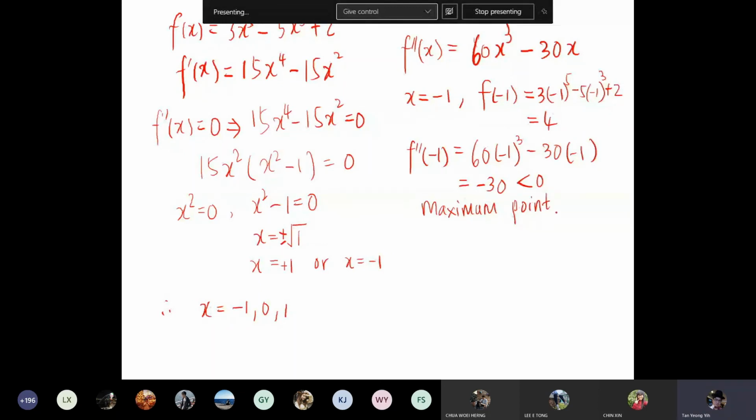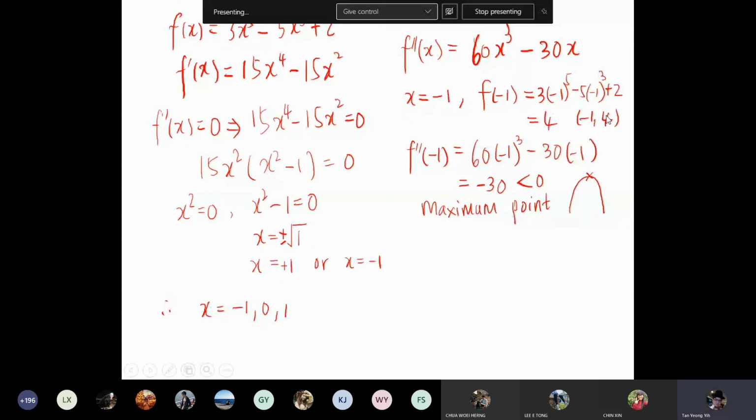And we can actually imagine that the graph is like this. Okay, this is the point. So this point, -1, 4 is the maximum point.